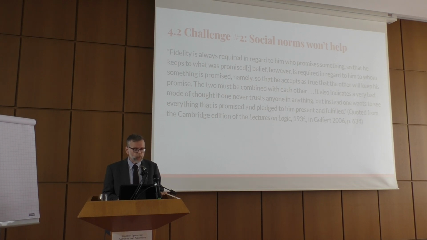Belief, however, is required in regard to him to whom something is promised, namely so that he accepts as true that the other will keep his promise. The two must be combined with each other. It also indicates a very bad mode of thought if one never trusts anyone in anything, but instead one wants to see everything that is promised and pledged to him present and fulfilled," right?